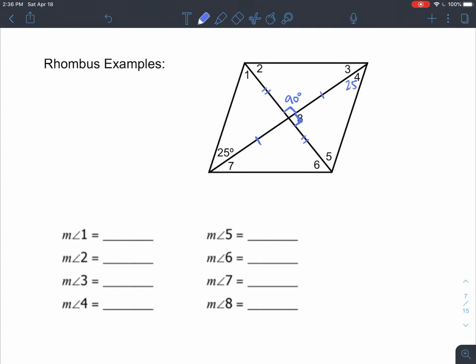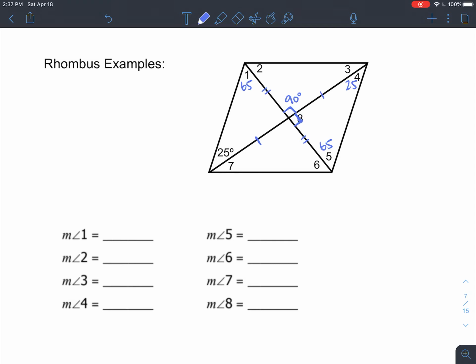It looks like from here we will have to find angle 5. So if I find angle 5, I'm going to do 180 minus 90 minus 25, which gives me a value of 65, which will give me 65 here. And it looks to me like we have a bunch of congruent triangles.